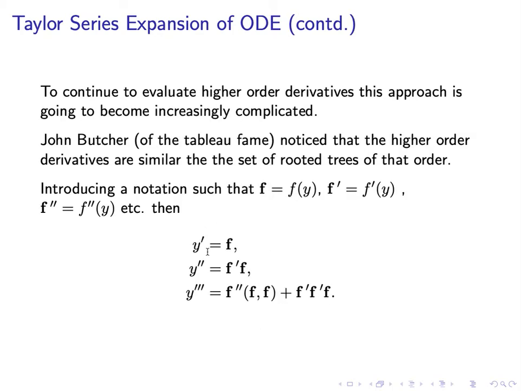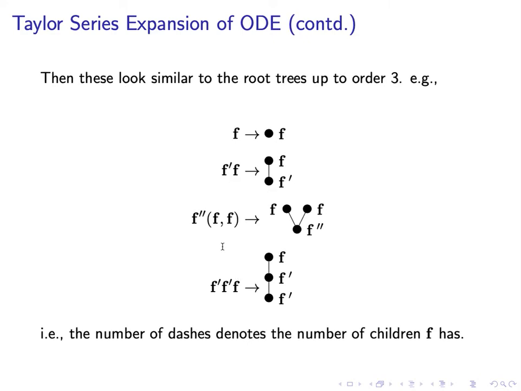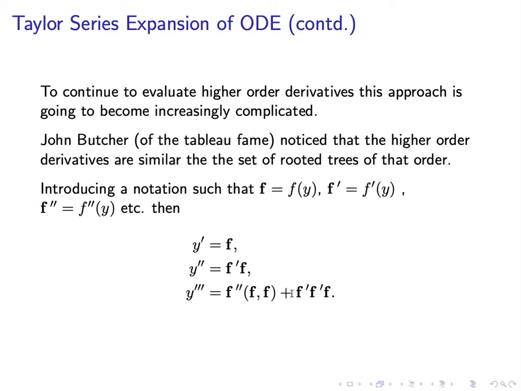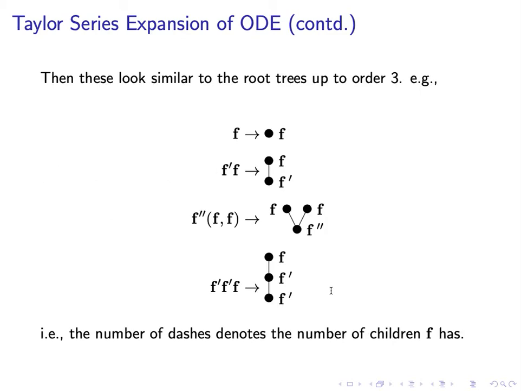The third order derivative comes in 2 parts. The first part is f double dash f f. Here f double dash denotes that this root vertex has 2 children. The second part was f dash f dash f.